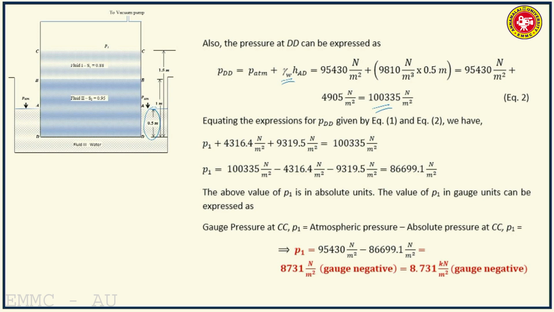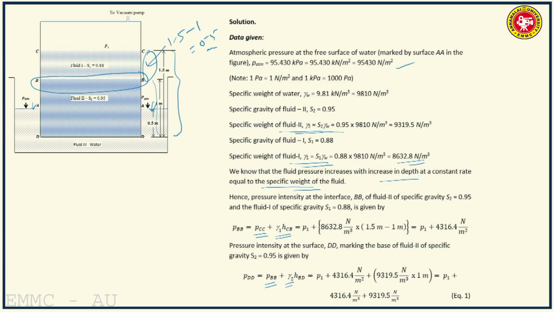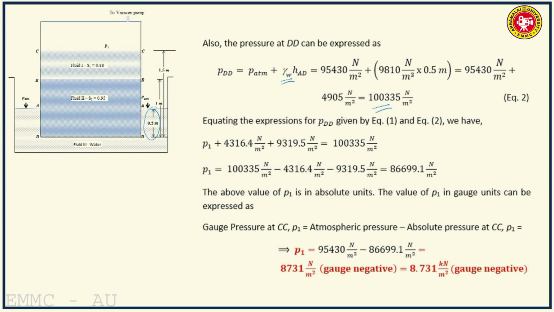So when we equate these two, equation 1 and 2, we get P1 is equal to 8731 Newton per meter square gauge negative, or 8.731 kilonewton per meter square gauge negative.